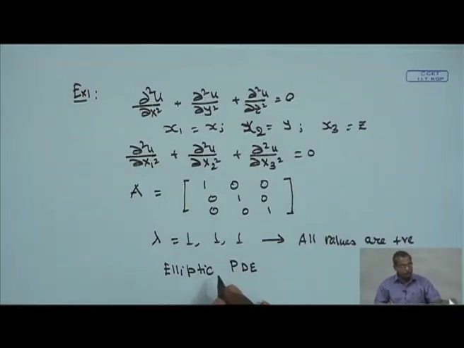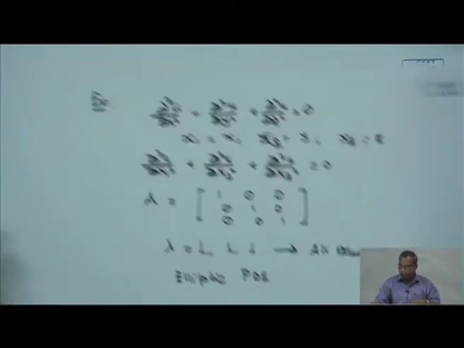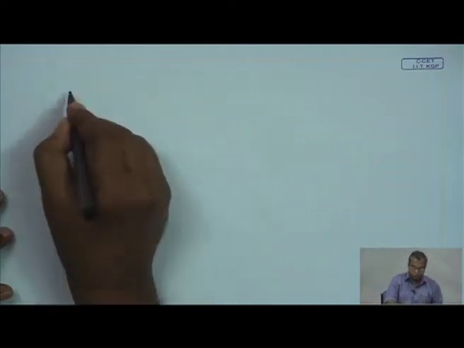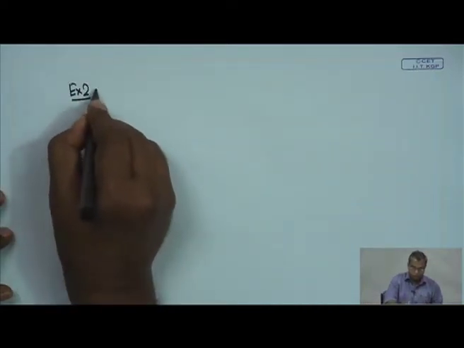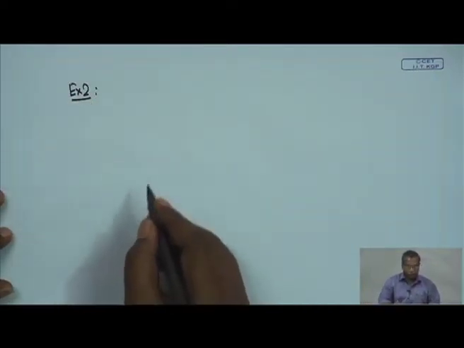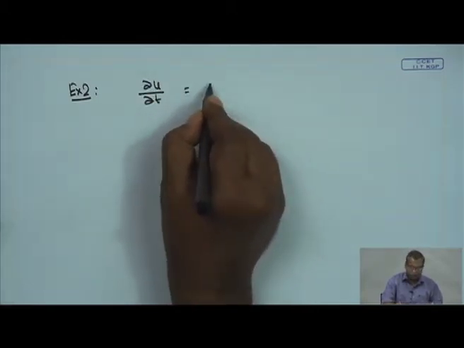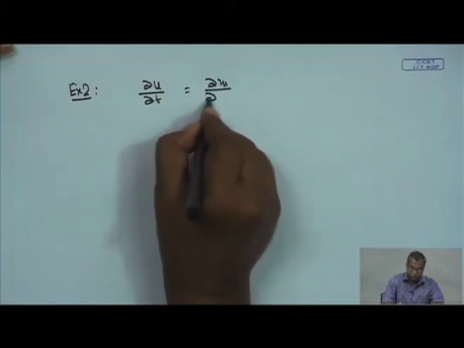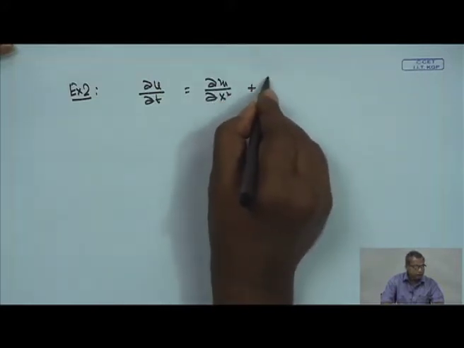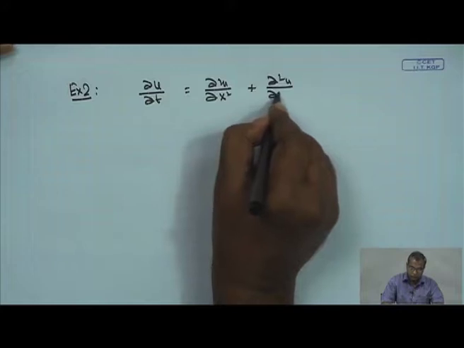Okay. Next, we will be taking an example of, let us say, a parabolic partial differential equation. That will be example 2. It will be ∂u/∂t = ∂²u/∂x² + ∂²u/∂y².